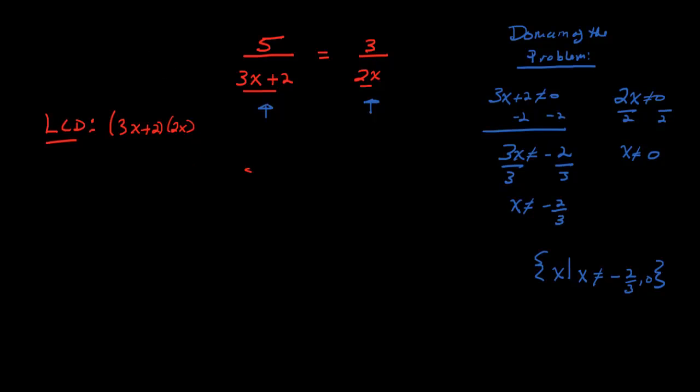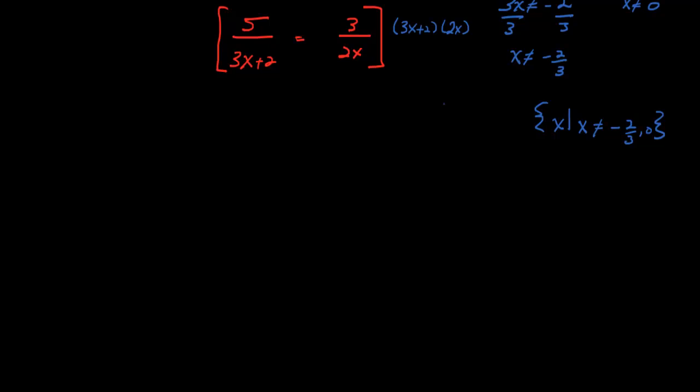So in this example, I'm going to take 5 all over 3x plus 2, and I'm going to set this equal to 3 all over 2x. I'm going to show another intermediate step, which is going to be me multiplying through by that LCD of 3x plus 2 times 2x. Some people don't show this, however, I do. We're going to distribute it to both sides of the equation.